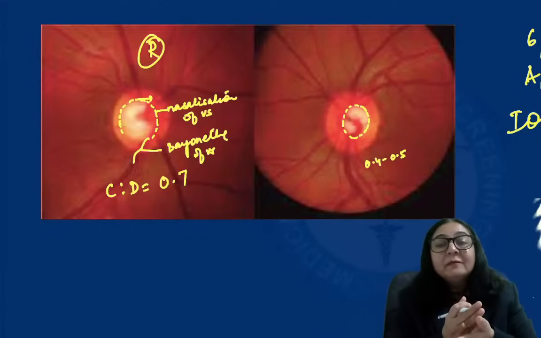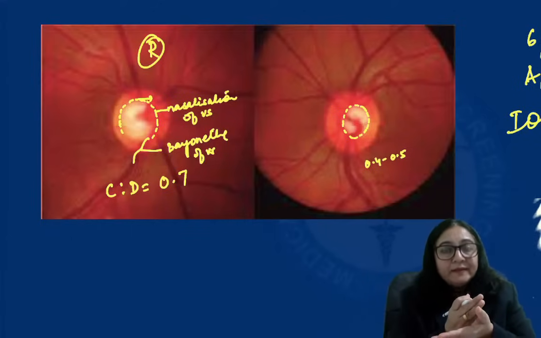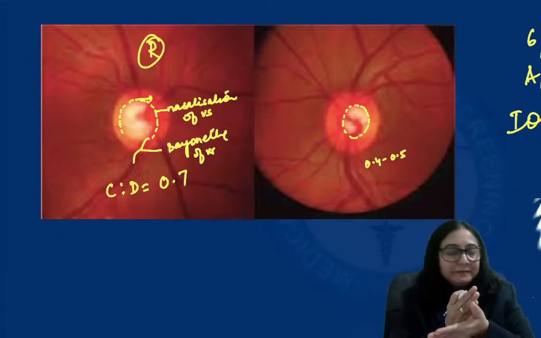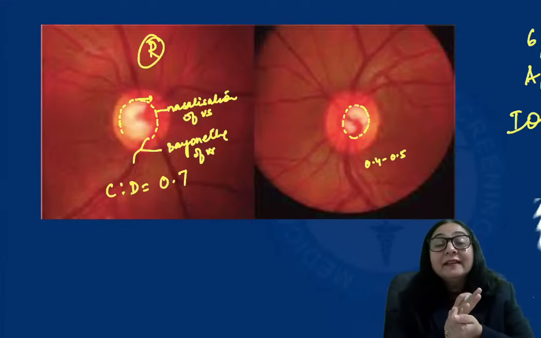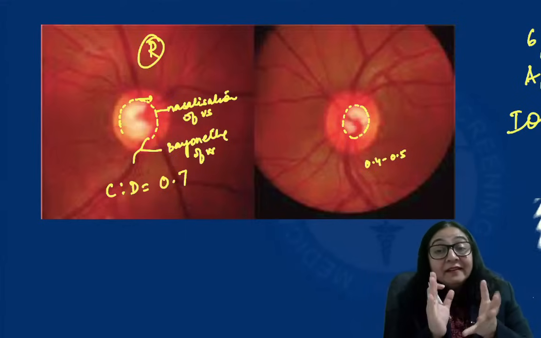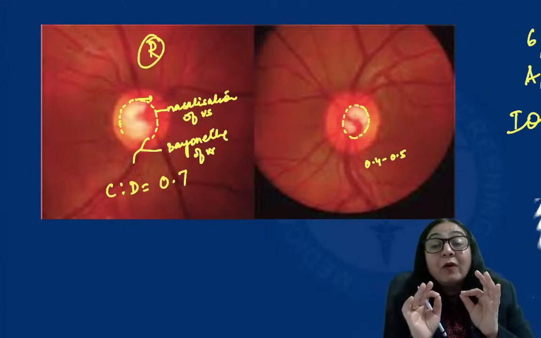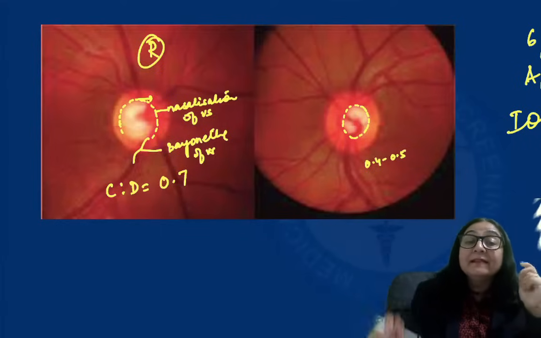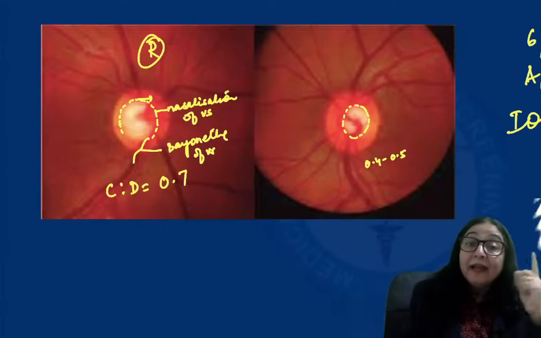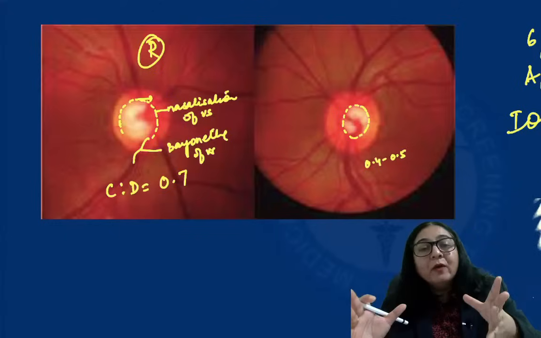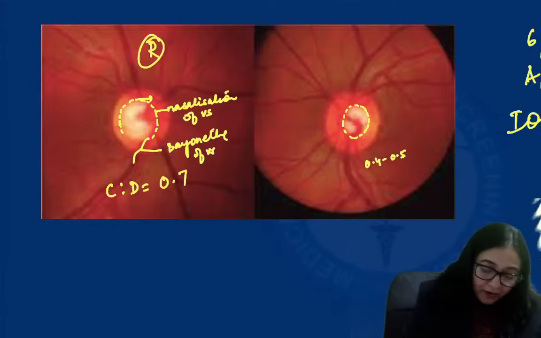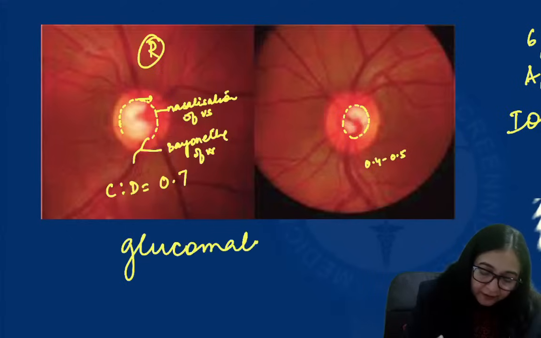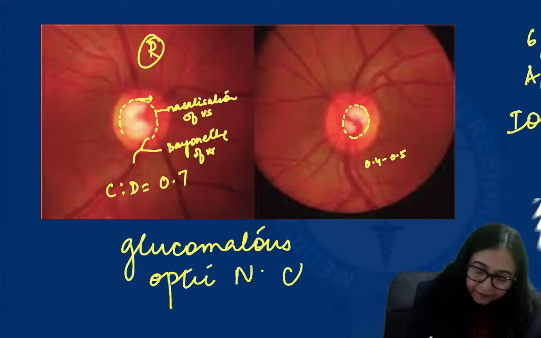Whenever cupping is more than 0.7, or when the cupping is more than 0.5 and there is a difference of more than 0.2 in the cupping. One eye is 0.7, one eye is 0.4 to 0.5. Right eye is showing bayoneting and nasalization, so it is glaucomatous optic nerve changes that you are seeing here.